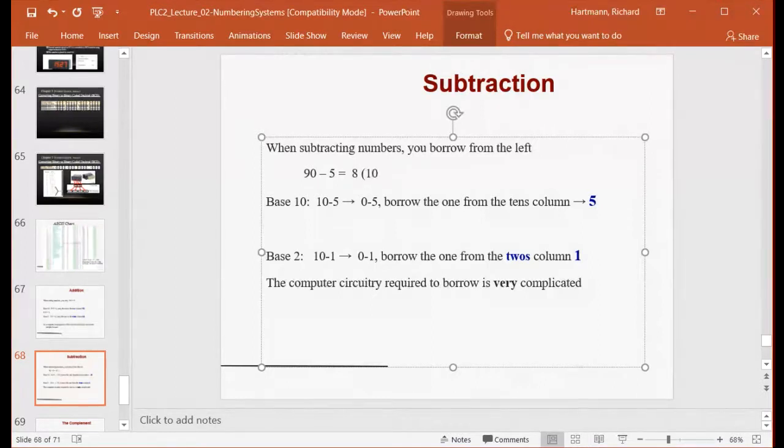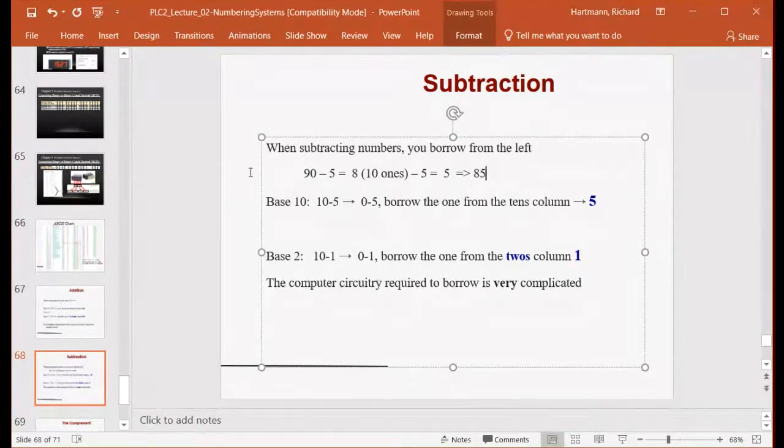And then we're going to have the 10, because we don't have any in the ones column, but that would give us 10 in the ones column now. And now when we subtract 5 from the ones column, we end up with 5 because we have 10 in there. And then that, of course, would give us the value of 85.